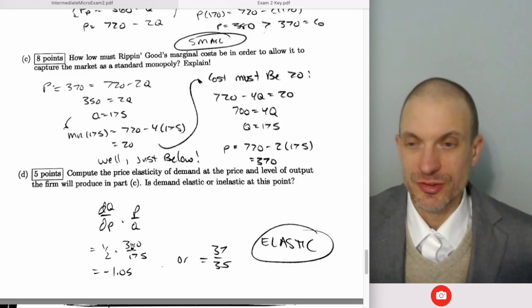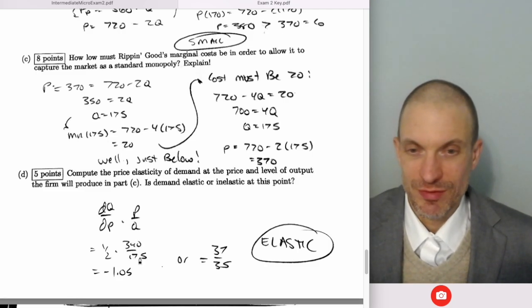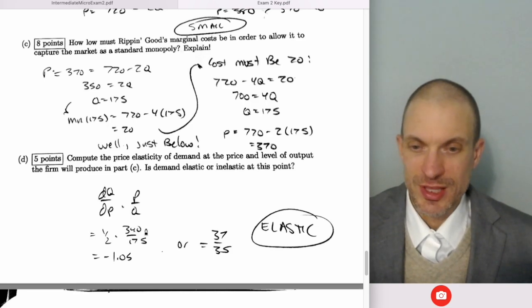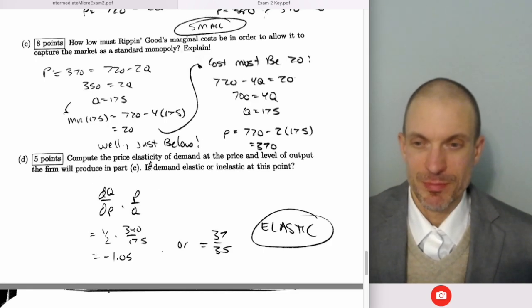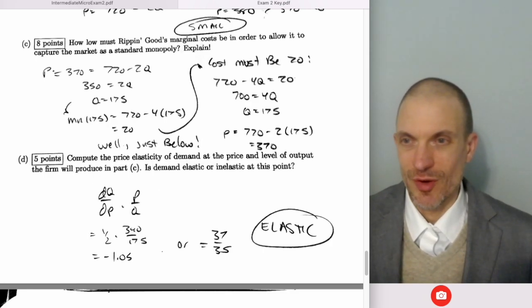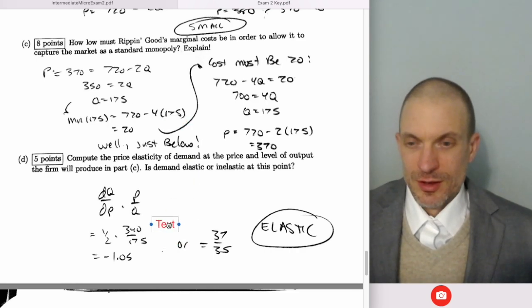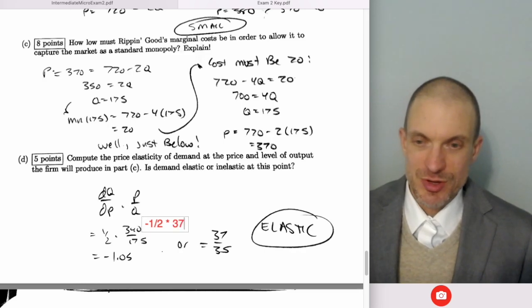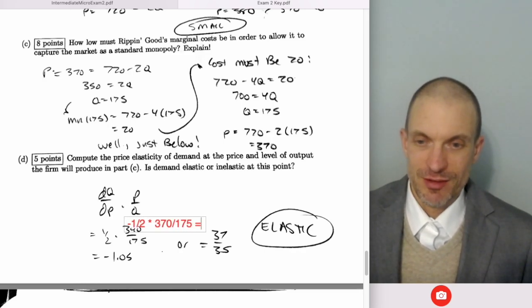My point was 175, and I wrote 340 here, but the price I'm going to produce at in part C was 370. So actually, what I want here is minus 1/2 times 370 over 175.